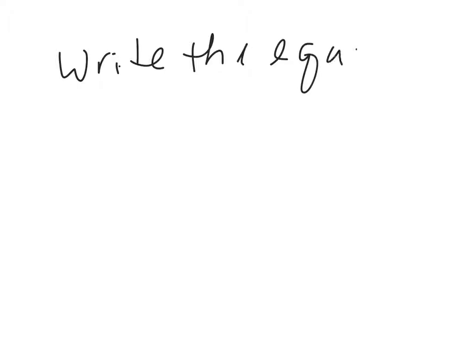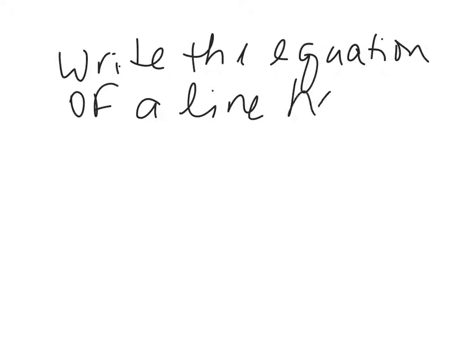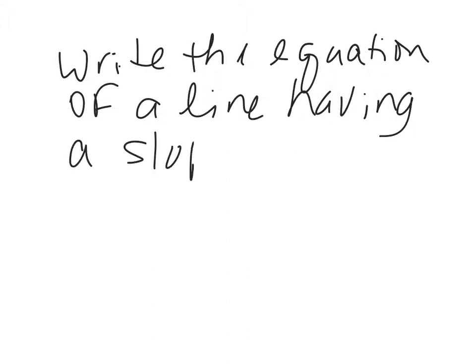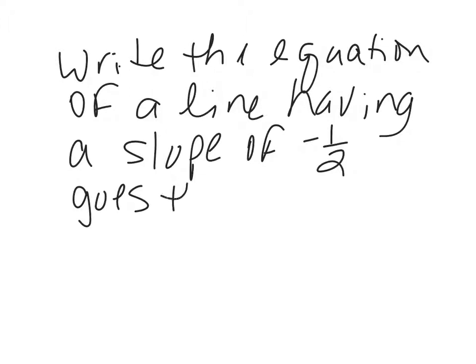We're going to write the equation of a line having a slope of -1/2 that goes through the point, let's say 2, -3.